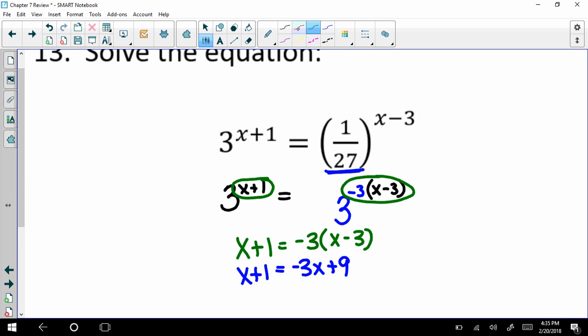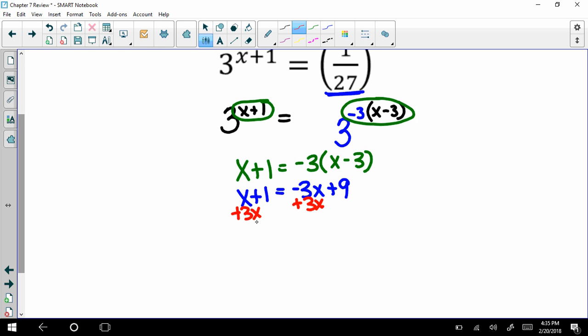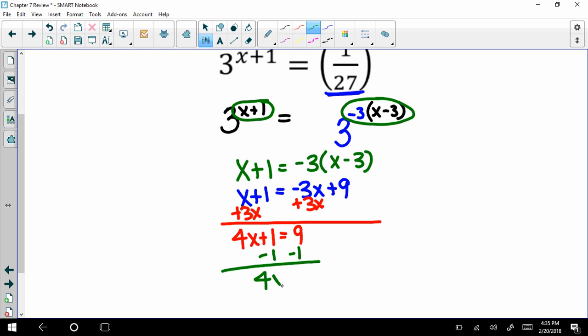And then I'm going to add 3x. So we get 4x plus 1 equals 9. Subtract 1, 4x equals 8. Divide by 4, x equals 2.